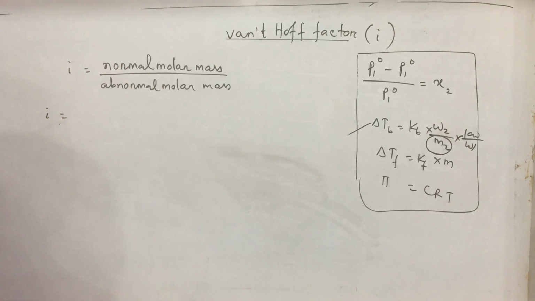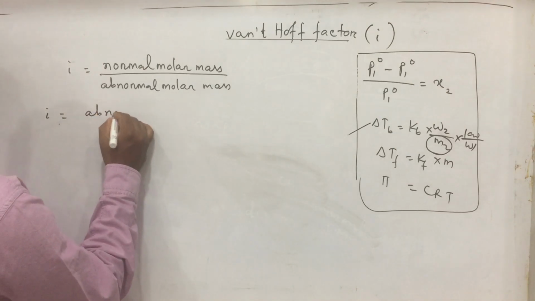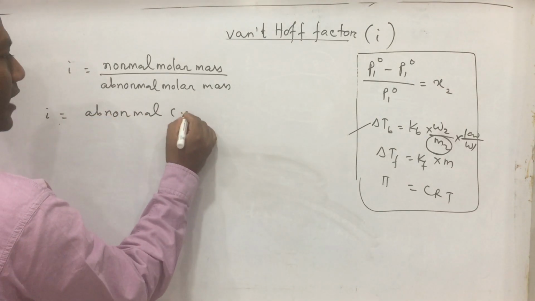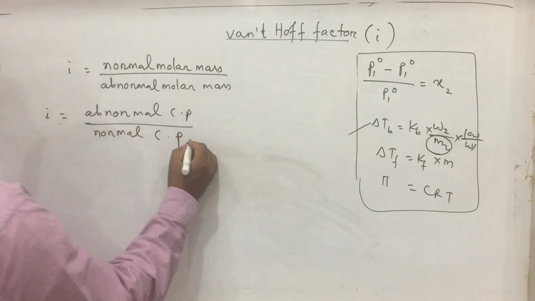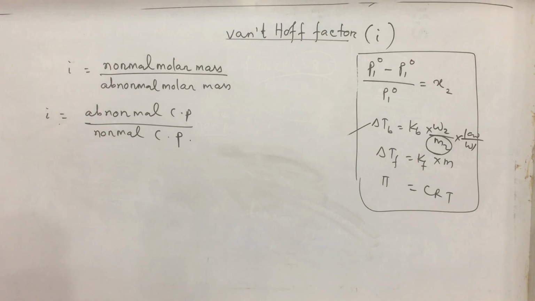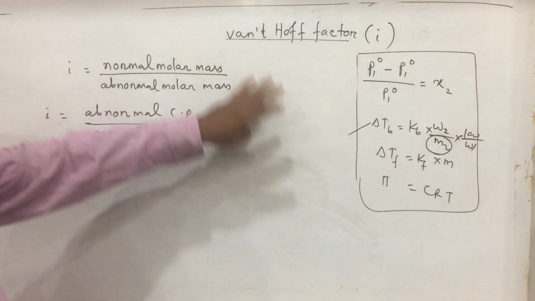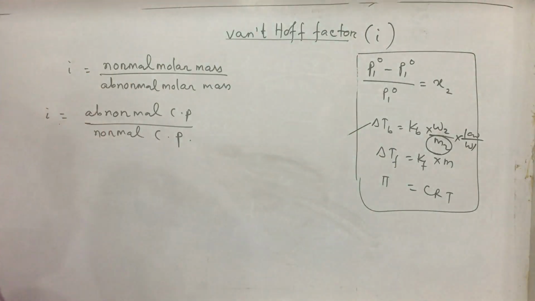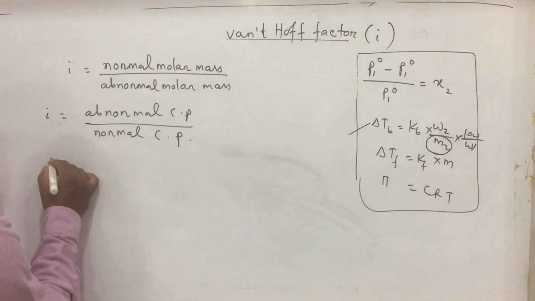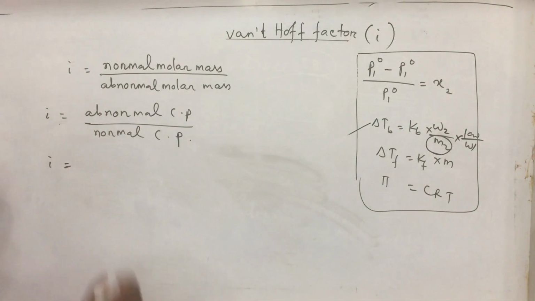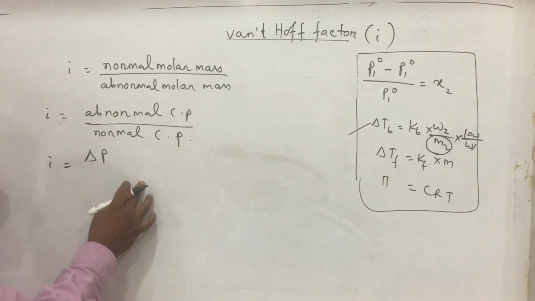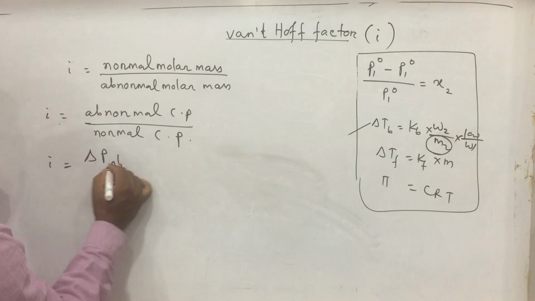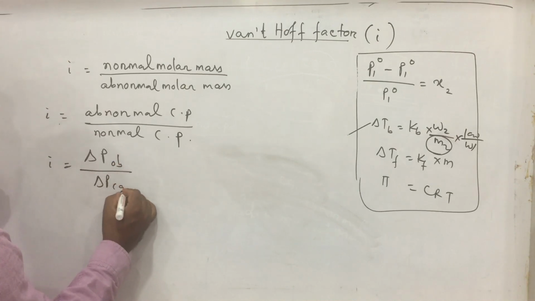So if you take in terms of colligative properties, it is abnormal colligative properties divided by normal colligative properties. Got the idea? So how many colligative properties have we read? 4 colligative properties. So the formula will be i equals delta P, that is relative lowering in vapor pressure, delta P observed by delta P calculated.